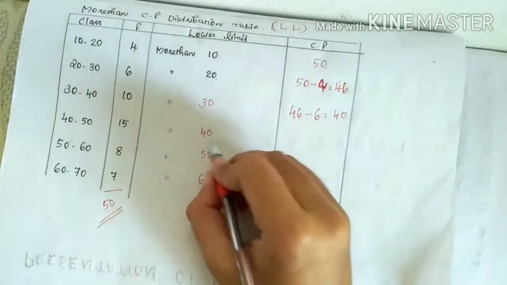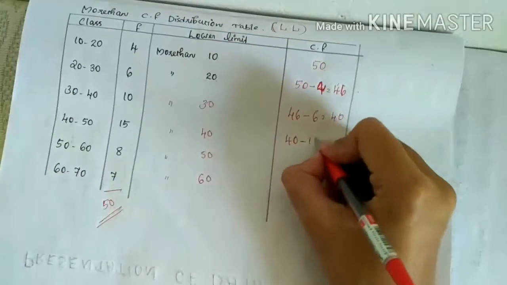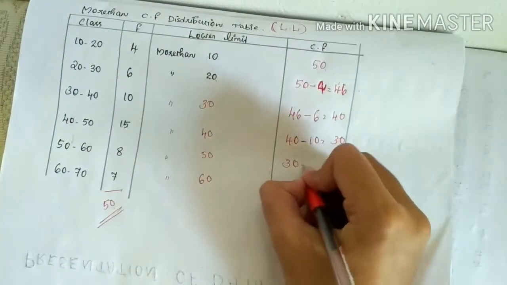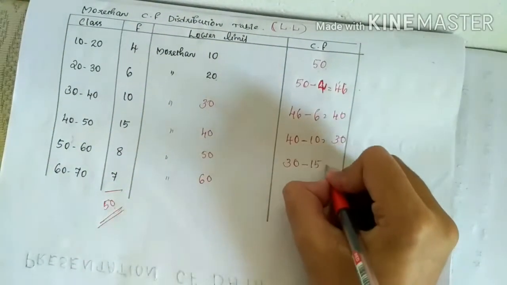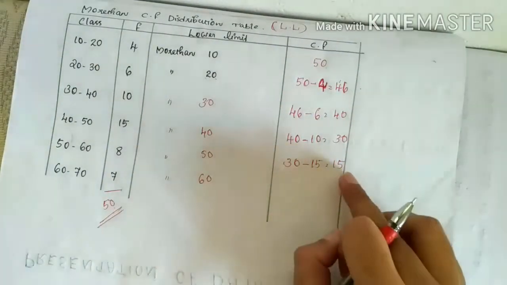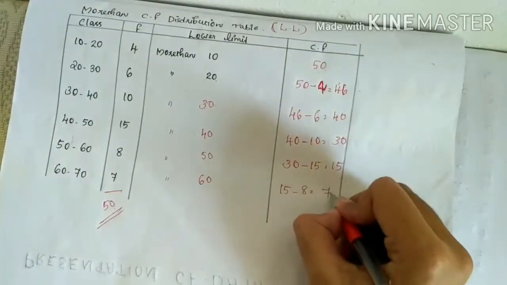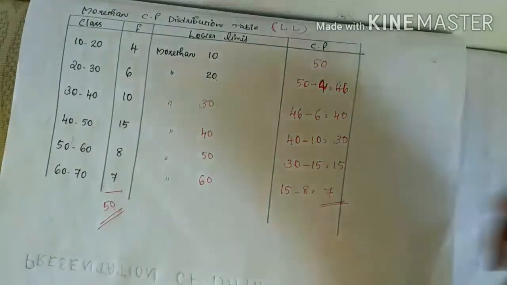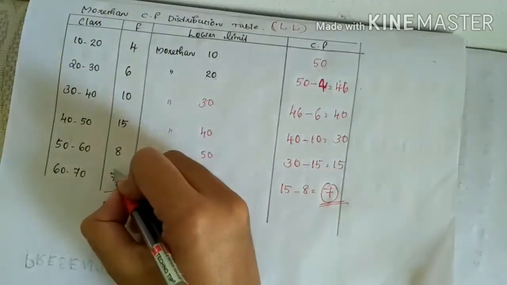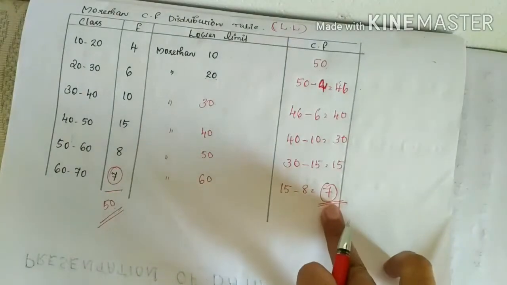And next class, more than 40, the answer is 40 minus 10. The answer is 30. And the next class, 30 minus 15, the answer is 15. And the next class, more than 60, 15 minus 8, the answer is 7. The cumulative frequency of the last class and the frequency of the last class are always the same, that is 7.